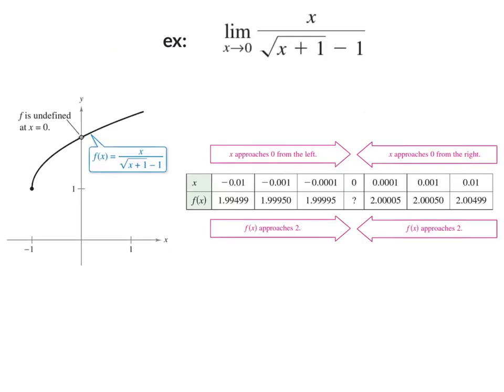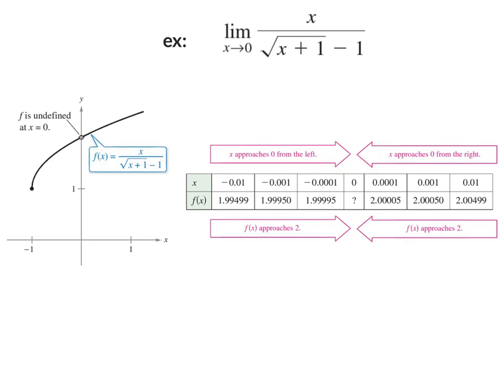Let's try another example. Let's say I am looking for the limit of this function here as x approaches 0. The tricky thing about that is if I plug 0 in here, it's going to give me the square root of 1 minus 1, which is 0 in my denominator. We know that that's a problem. So graphically, if I graph this thing, I notice that there's a hole at x equals 0 and y equals 2.